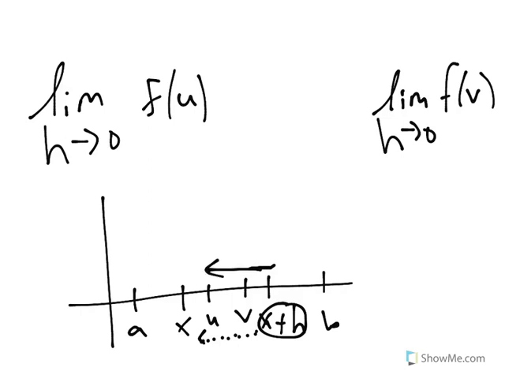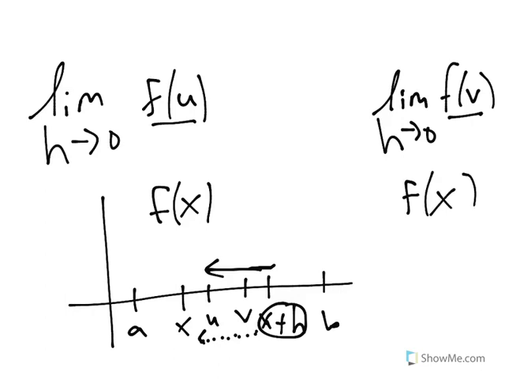So basically, the limit as h goes to 0 of f of u and the limit as h goes to 0 of f of v, and it doesn't matter that f is continuous here, those are both going to equal f of x. So we get something like this that says f of x is your limit on either end. Let me write this out.